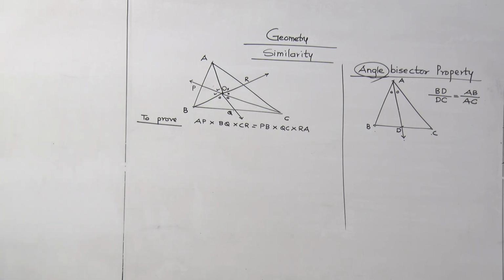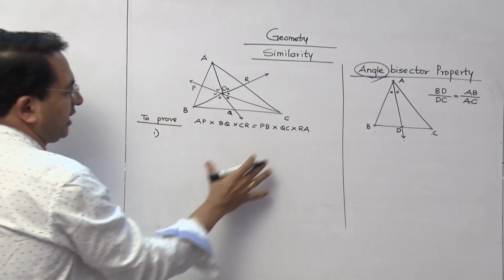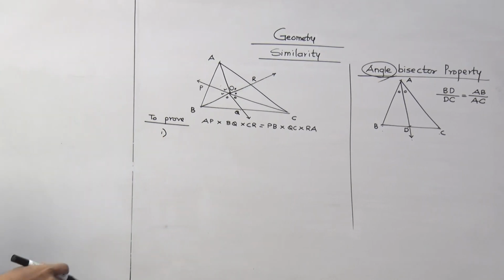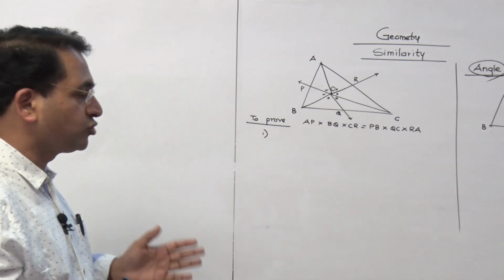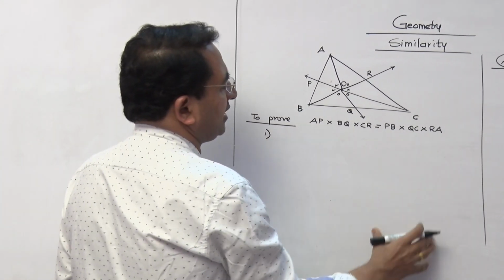We have to prove this. Now see how this is worked out. I am not making any column here, but in the exam, whatever you write has to be in statement-reason form. Don't write like an essay.